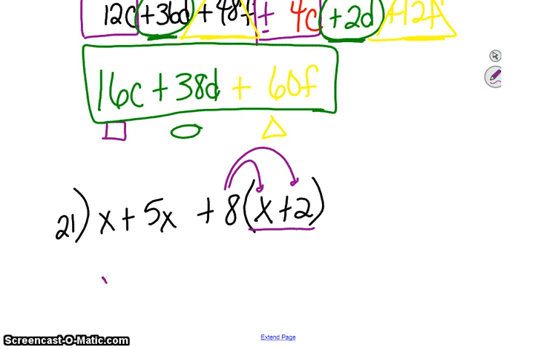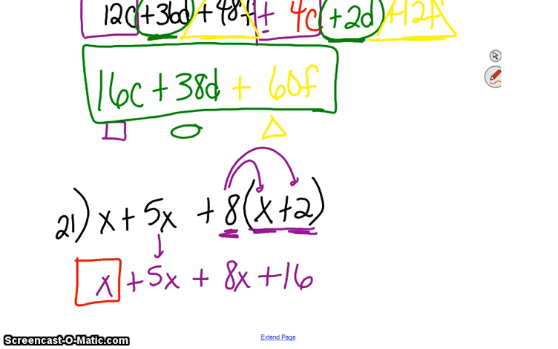I'm going to write down this x and bring down this 5x, and then I'm going to bring down 8 times x is 8x, and 8 times 2 is 16, so plus 16. Now I'm going to box and circle and do whatever I have to do to combine like terms.